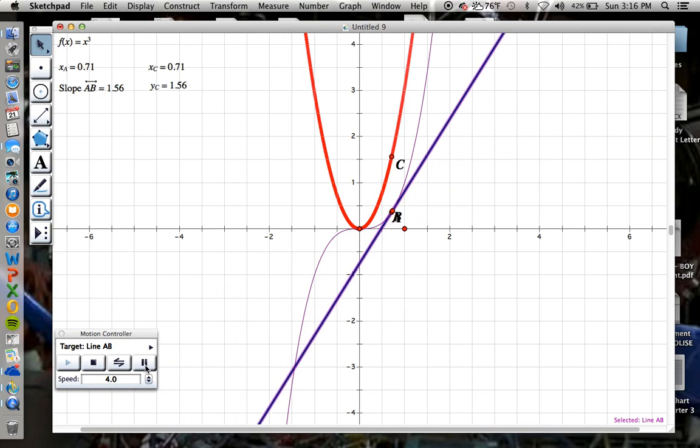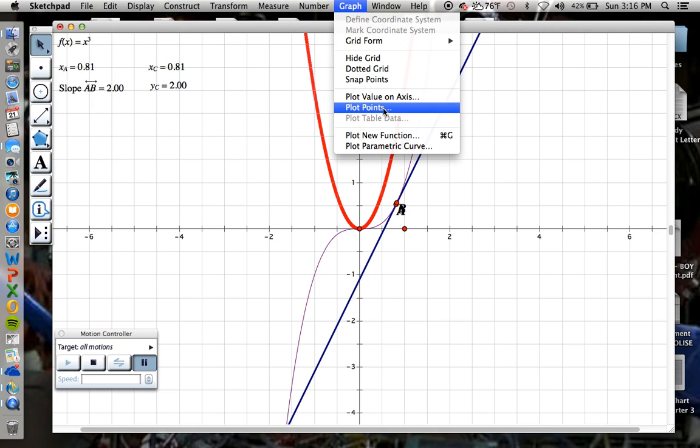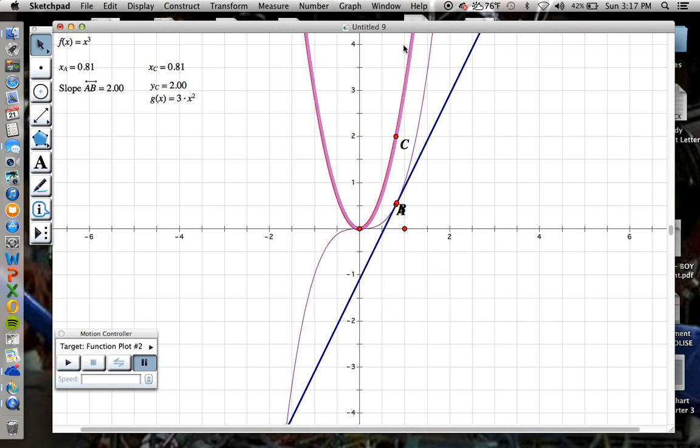Now, we know from our rules that f of x is equal to x cubed, so its derivative is 3x squared. If I graph 3x squared, it lines up and matches what we traced from point C, which is pretty unique.